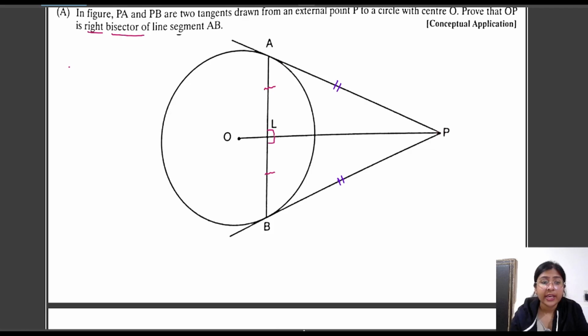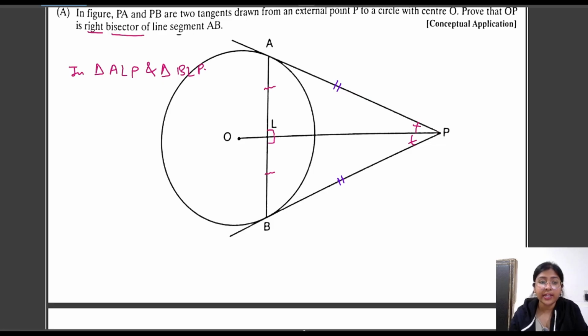What we will write in triangle ALP and triangle BLP. This angle is equal to this angle, as we already know by the theorem that the lengths of tangents are equal to each other. In that proof, we proved this angle equals this angle by the congruent triangle concept, by CPCT.